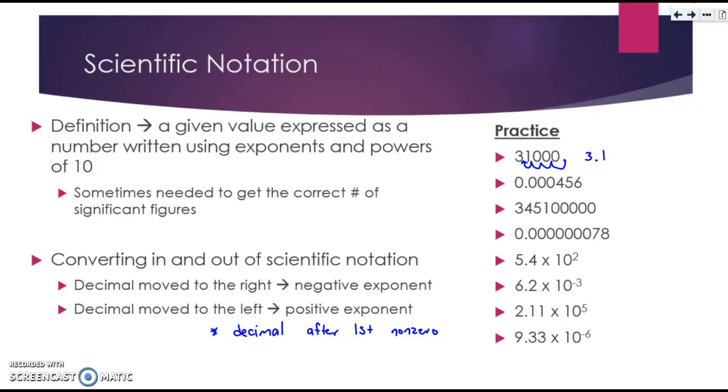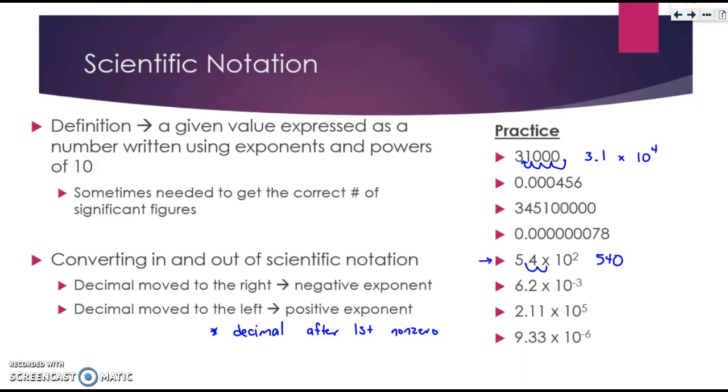So this is 3.1, and it's going to be times 10 to the positive fourth, because I moved the decimal left. If I jump down here for a moment and I take it out of scientific notation, a positive exponent means a large number, or a larger number. So 5.4 to the second, now I'm going to go the other way, so I'm moving my decimal 2 spaces to the right to get 540.